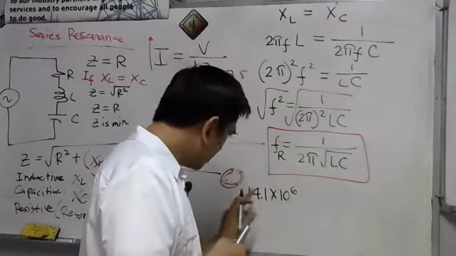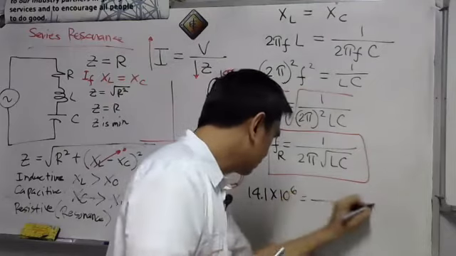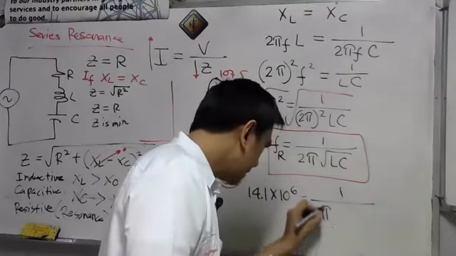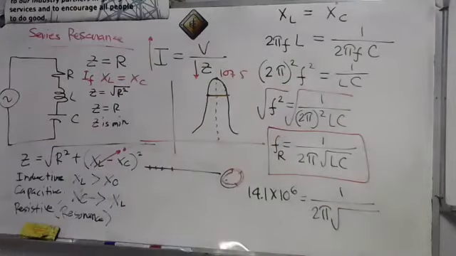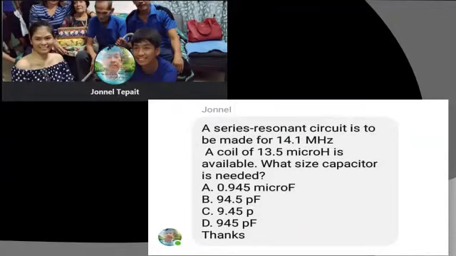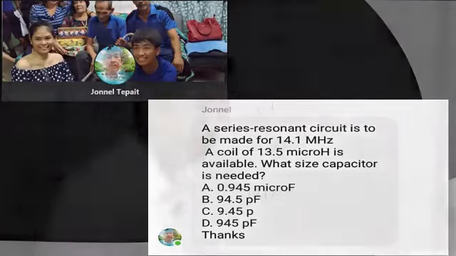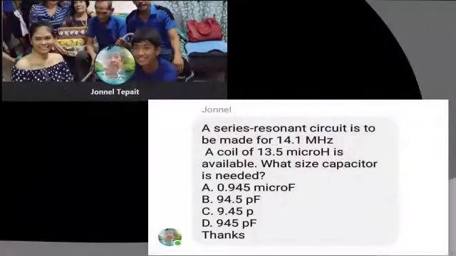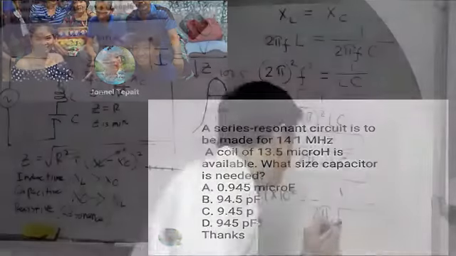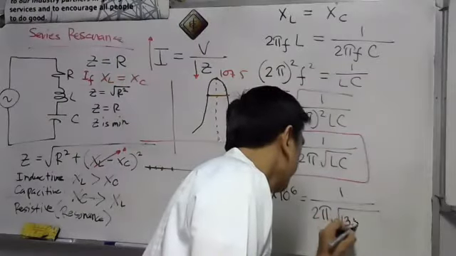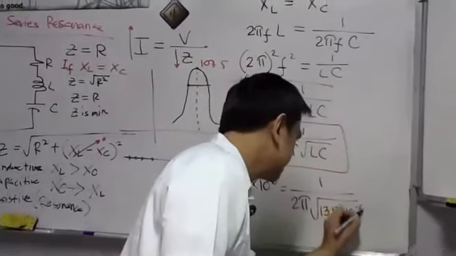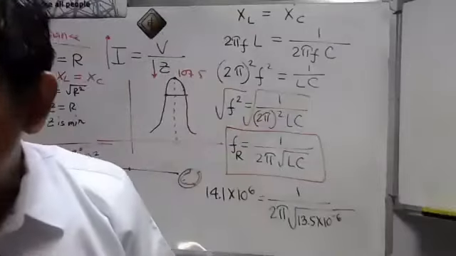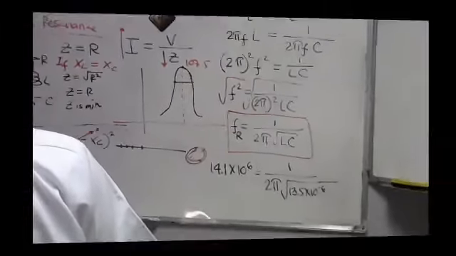Okay, so that is our resonant frequency. That is equal to 1 over 2 pi, then we have square root of 1 over LC. Problem natin: a coil of 13.5 microhenry. Micro is times 10 to the negative 6. So the question here is what size capacitor?